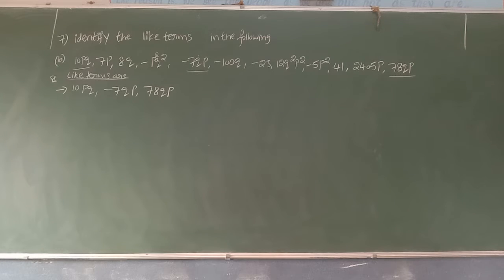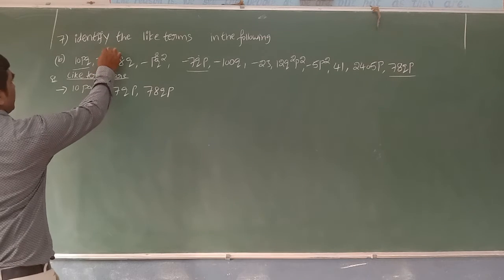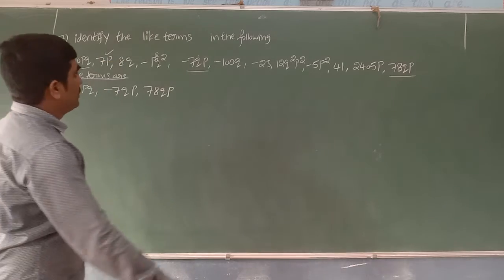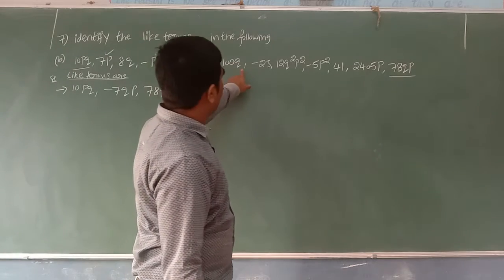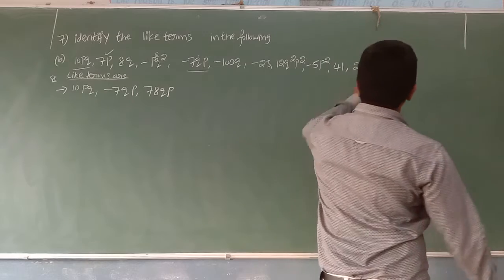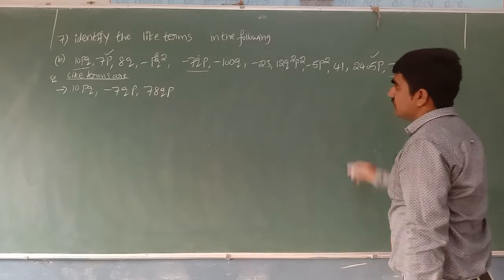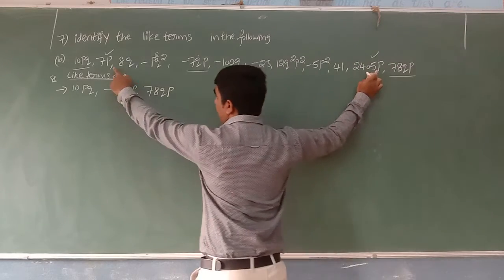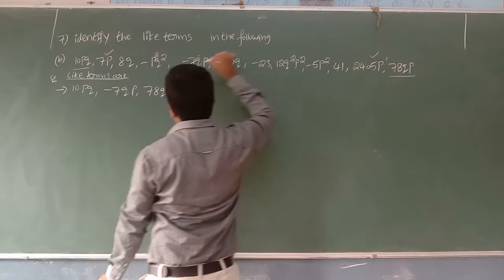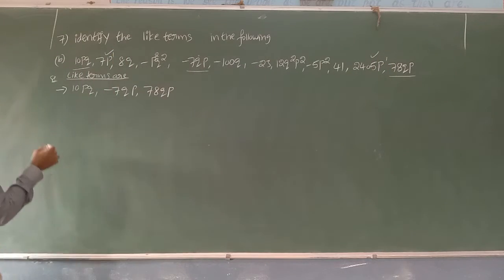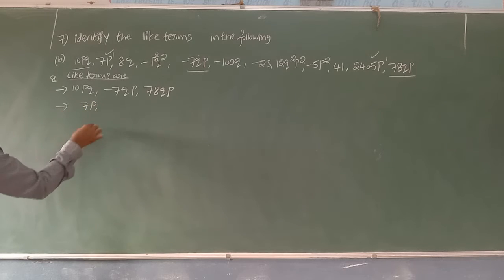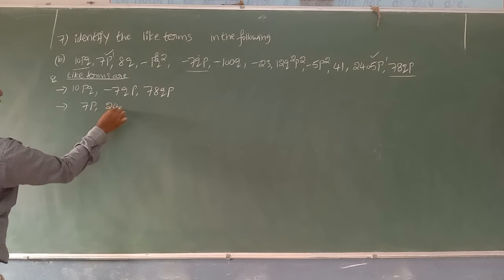Let's see more any like terms here. 7p. Any term with p, beta? Yes, here qp, q. Here you can see 2405p. These two are the like terms. Same variables p and whose powers are 1 1. Same powers 1. So even these two are called like terms. Will make a group 7p comma 2405p.